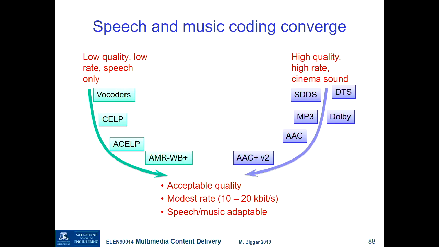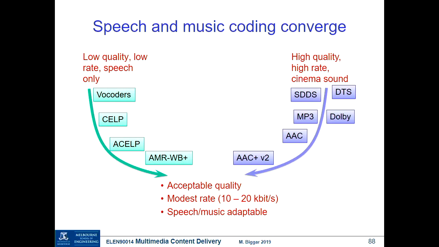Remember, I went through the details of them. They switch into KELP mode when they detect voice. They switch into transform coding mode when they detect music and so on. And in the end, they don't get super high quality, but they get acceptable quality at a fairly modest rate of 10 to 20 kilobits per second, adapting between speech and music.